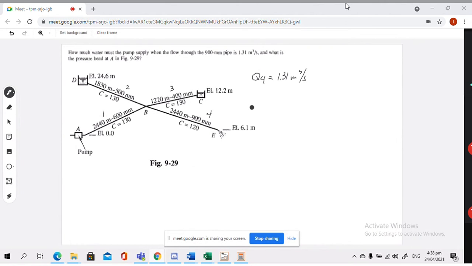So first imong buhaton kuhaon nimong head loss sa 4, head loss 4 is equal to L, which is 2,440 times Q 1.31 over 0.2785 times C times D to the 2.63 to the 1.85.